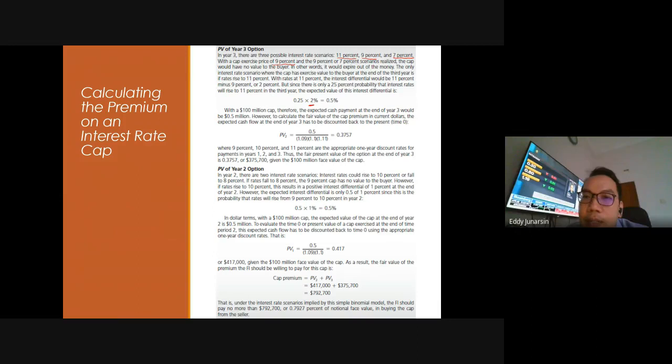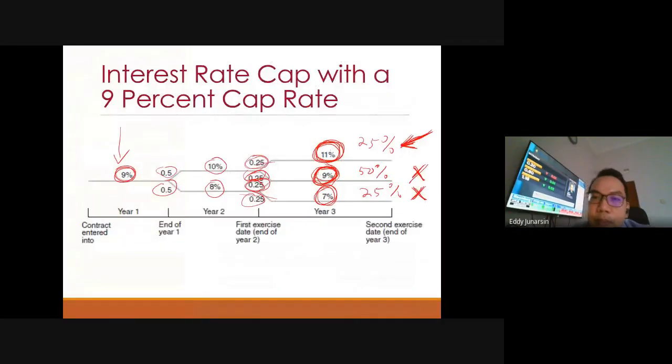The cap rate is 9%, and at the end of the third year, if this is 11%, then we gain 2%, with a possibility of happening of 25%.